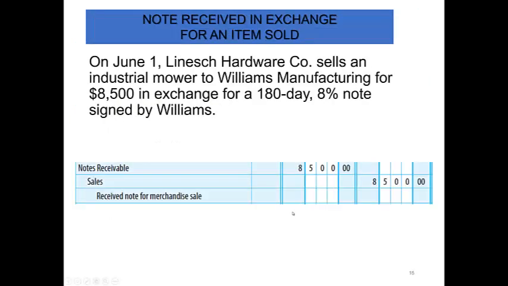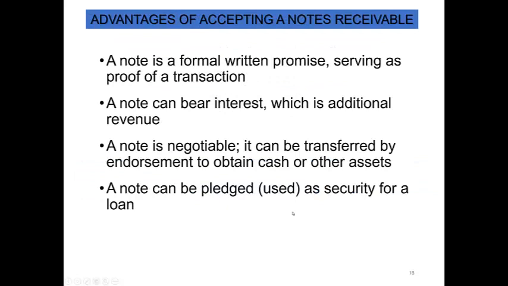A company may agree to accept a notes receivable because it is a formal and legal written promise serving as proof of a transaction. It can bear interest where an accounts receivable does not, so that would be a little additional revenue.